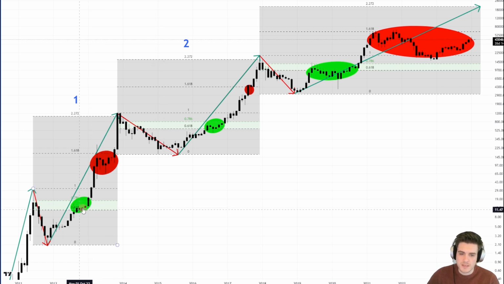And when price breaks above it parabolically, it pumps to the 1.618 level. Then there's a huge struggle for several months to break this zone and pump through to the 2.272 extension of this bear market. So this is the 100% level, and this is the 227.2% level.